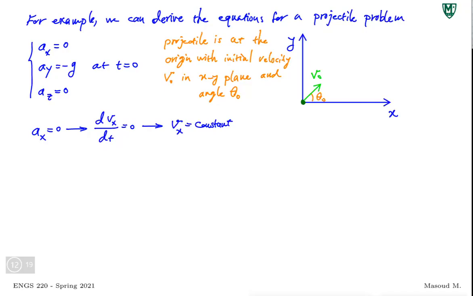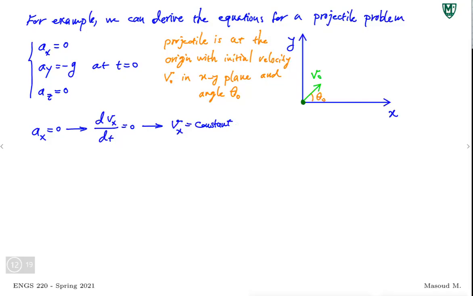So this particle is moving. Doesn't matter what happens for the rest of the motion, assuming these assumptions that ax is 0 and ay is minus g. Right now we're in a Cartesian coordinate system, in two-dimensional space, so velocity has an x component and a y component. The x component of velocity is constant, meaning that whatever it is, it's going to stay the same.